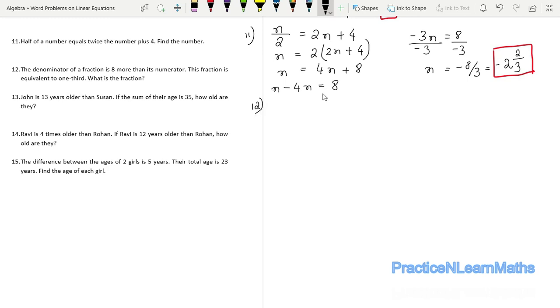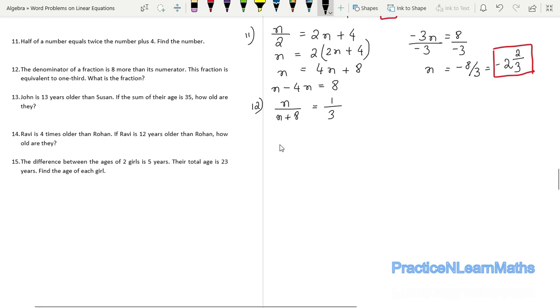Sum number 12. The denominator of a fraction is 8 more than its numerator. This fraction is equivalent to 1/3. What is the fraction? So, if the numerator is n, then the denominator is represented as n plus 8 because it is 8 more, and this fraction is equal to 1/3.